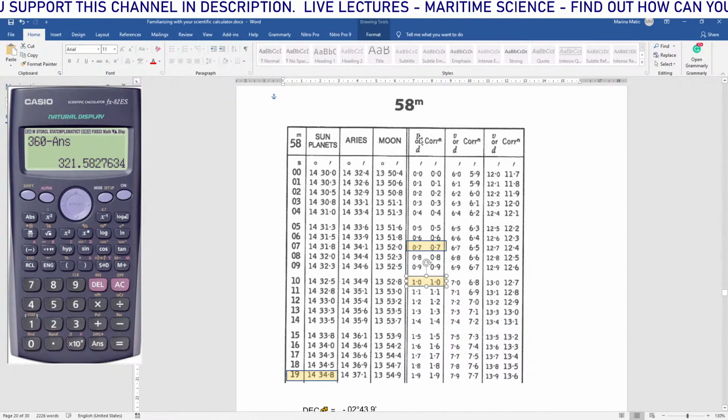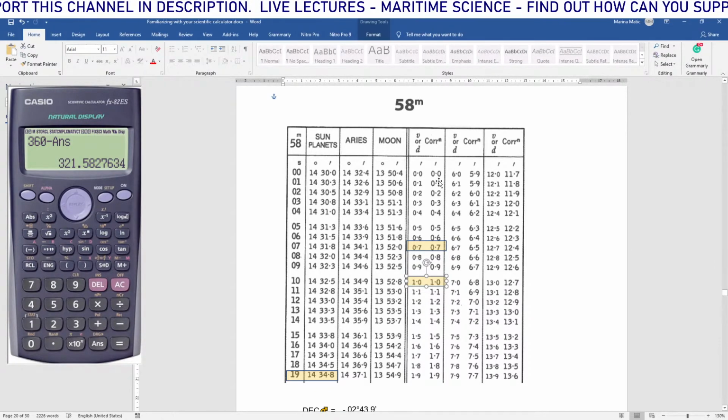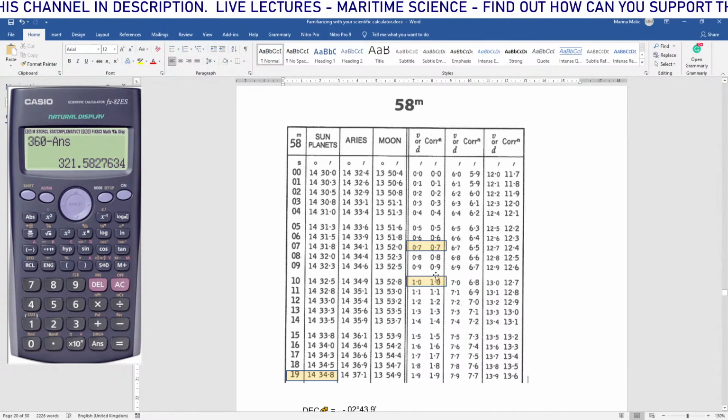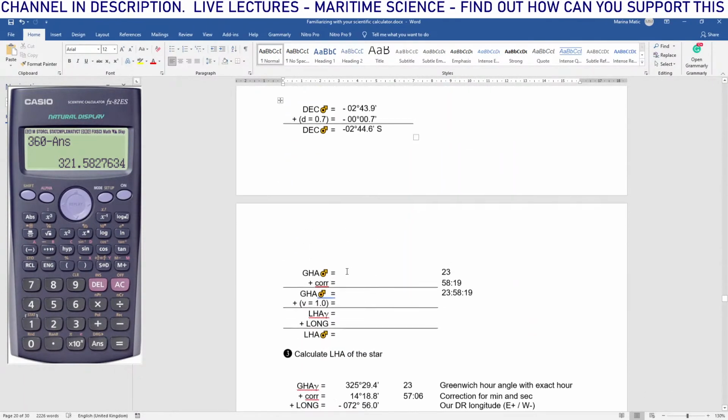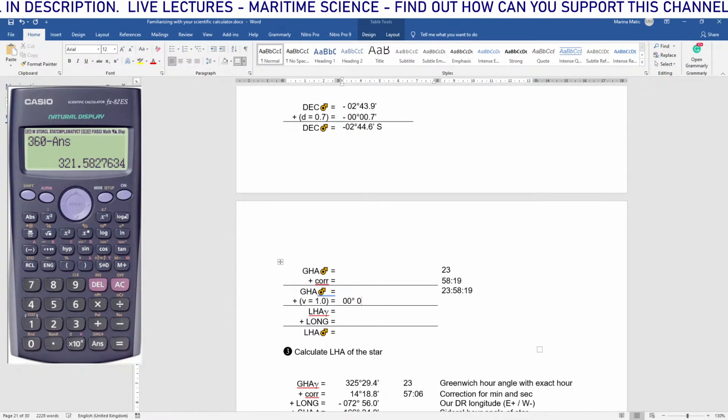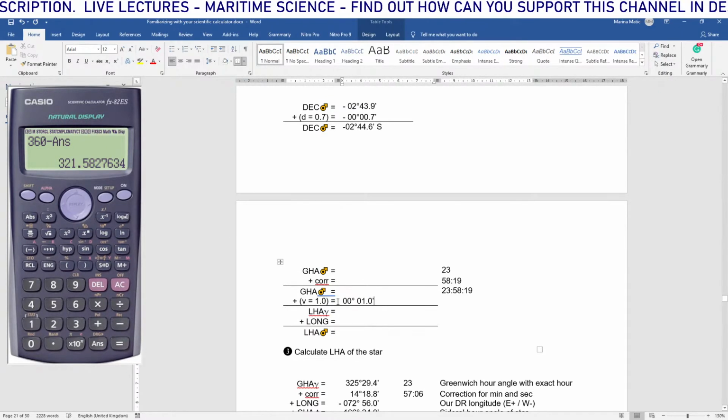So you enter this with V or D, so either V or D, to get the correction, and the correction for V value 1 is 1, so 1 minute. So here we have 0 degrees, 1.0 minutes. So 1 minute is the correction.